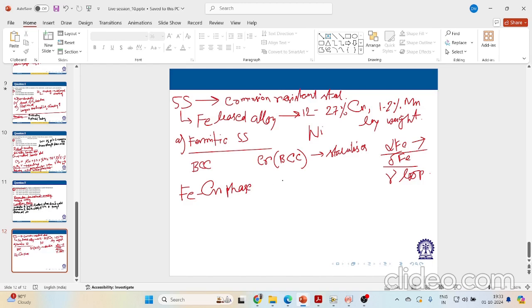Then you can correlate with what I am talking about right now. Okay, iron chromium phase diagram, please refer to that. So the sigma phase in the iron chromium phase diagram is very brittle in nature.